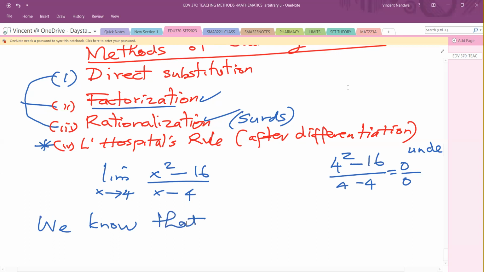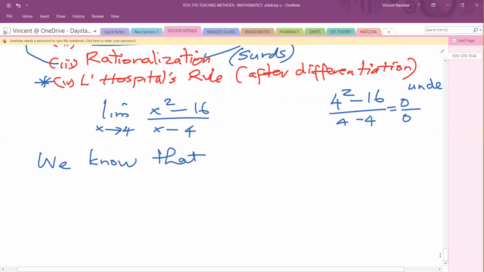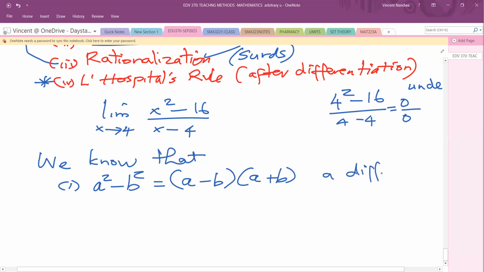Ukiwa na any arbitrary two values a and b, a squared minus b squared is the same as a minus b times a plus b. Unakumbuka hiki kitu walifunza high school. Inaitwa difference of two squares. Sawa. So it can always help you to manipulate these things.